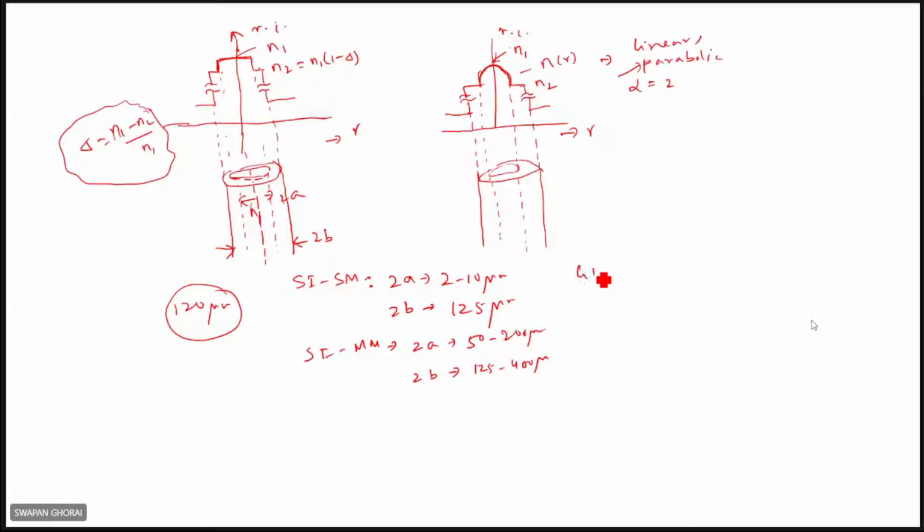And in case of GI, GI-SM is not in practice, so GI-MM fibers are very similar to SI-MM. Here twice A, the core diameter, is generally 50 to 100 microns, and the cladding is around 125 to 150 to 200 microns, like these.